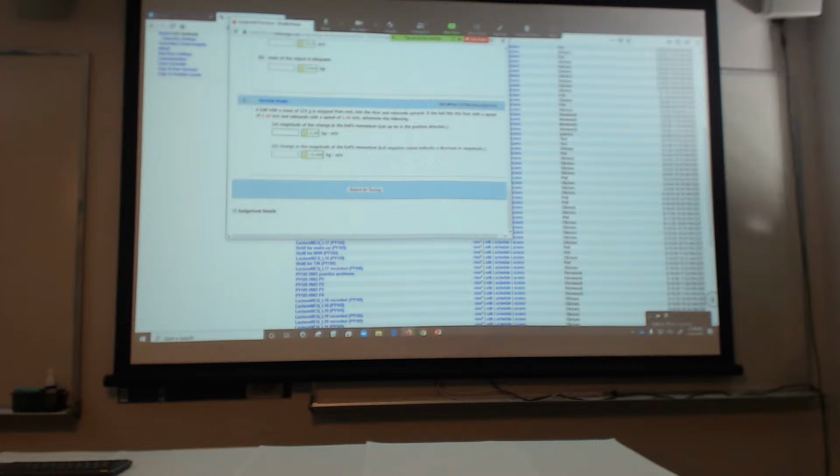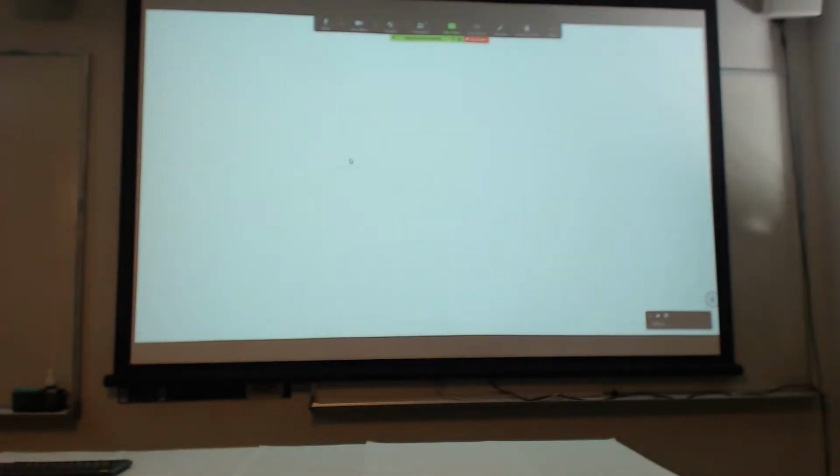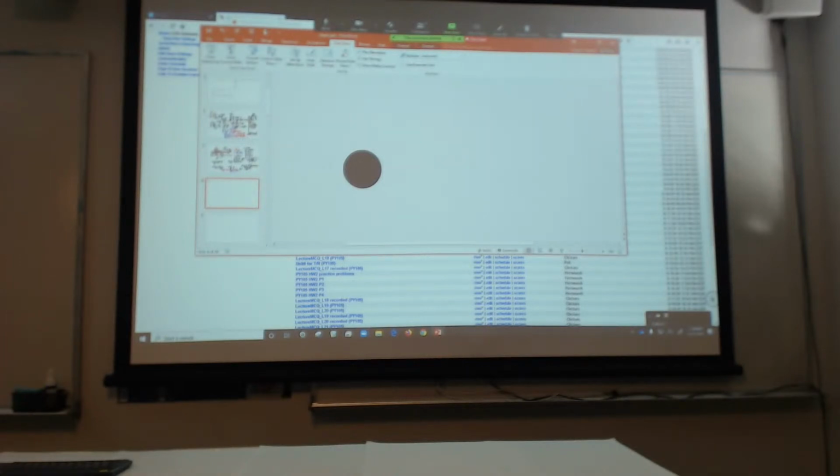A ball is dropped from rest, hits the floor and then bounces back. What do we need to calculate?